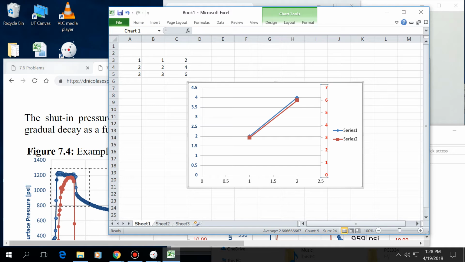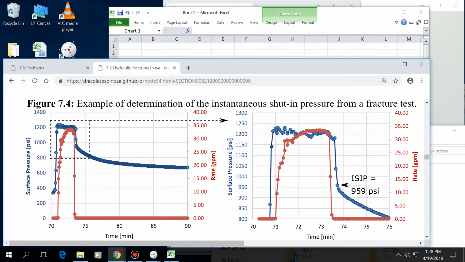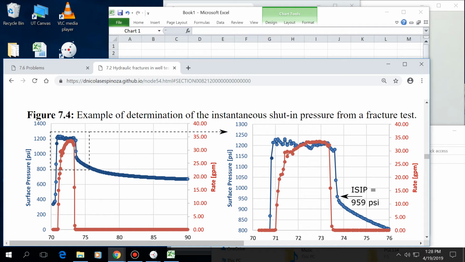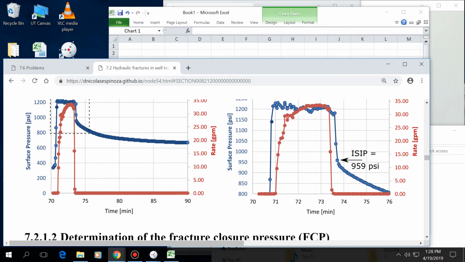Okay, so after you do this plot, I'm asking you to find what is the instantaneous shut-in pressure and the instantaneous shut-in time. It may not be super obvious from here, but it's going to be much more obvious in the second step.